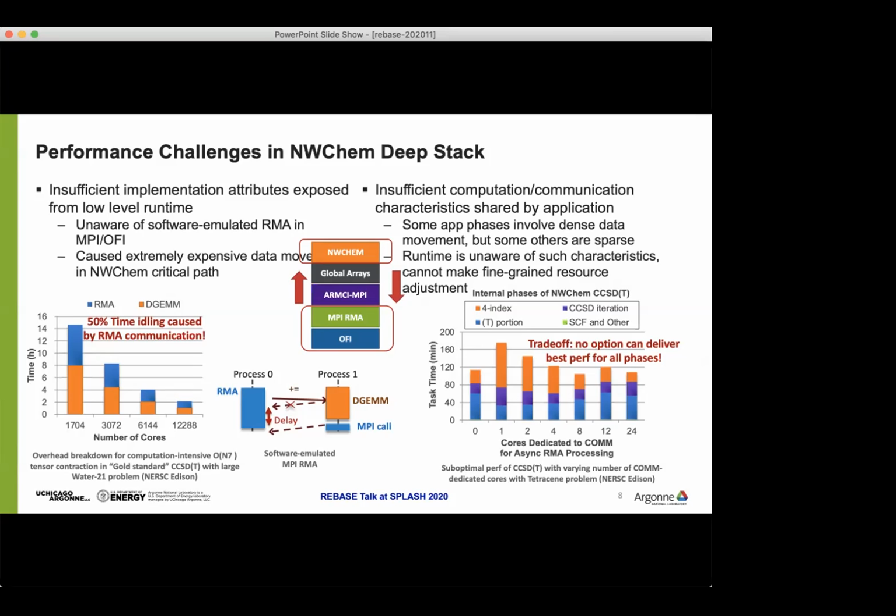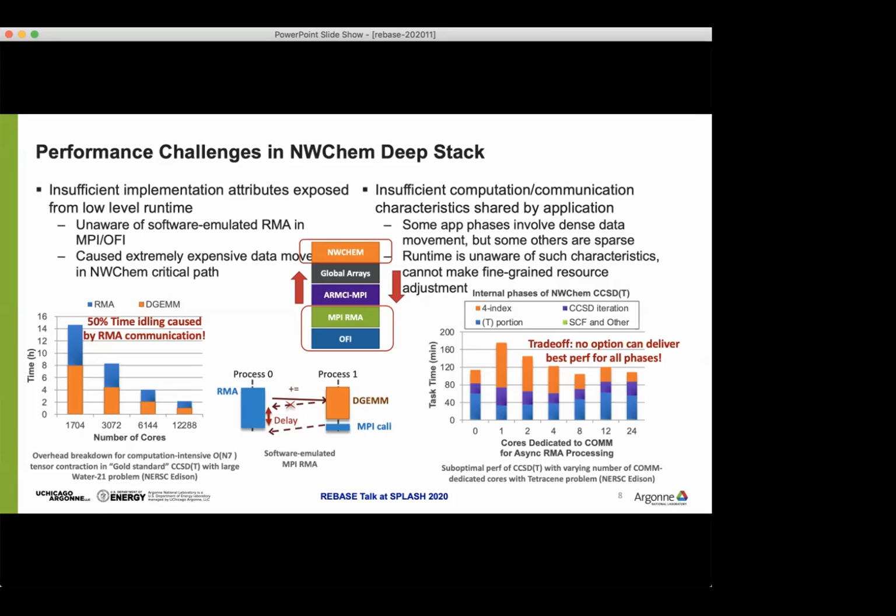Okay, another example of the performance inefficiency is regarding computation and communication resource management. Since the communication is emulated in software, now I need to give some computing resources like CPU cores to progress the communication. But how many cores do I need to assign to communication and how many to computation? That really depends on the computational pattern in the application.